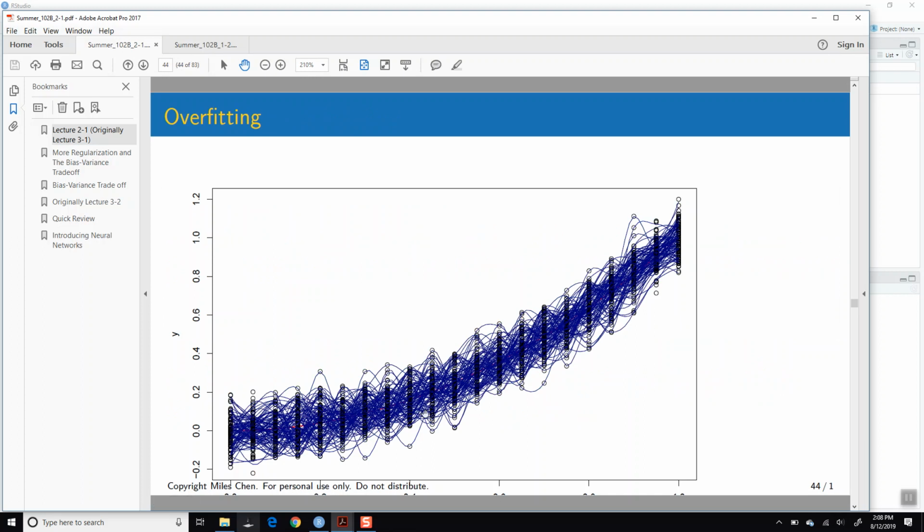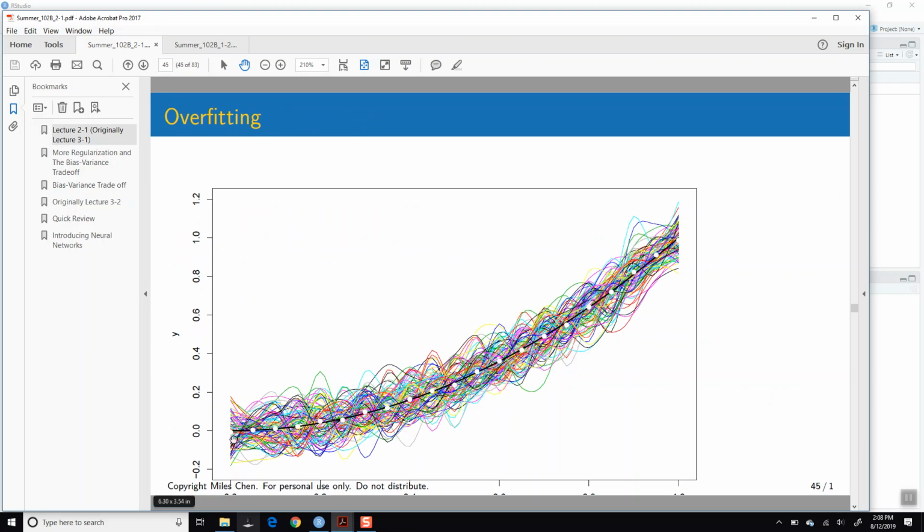The idea here is again, there's a true model, this black line, and I've generated random noise around it. I fit one of these lines to the random data points, and then I generated more random data points around the true black line and fit another wiggly line.